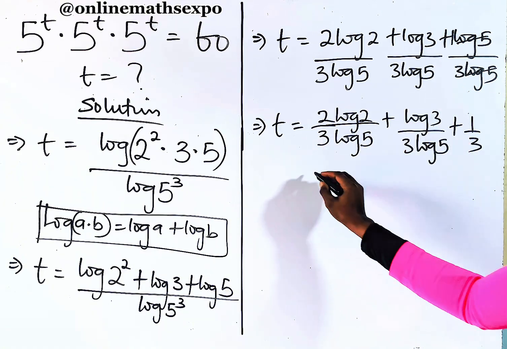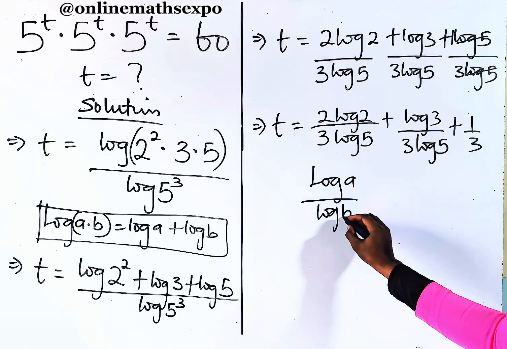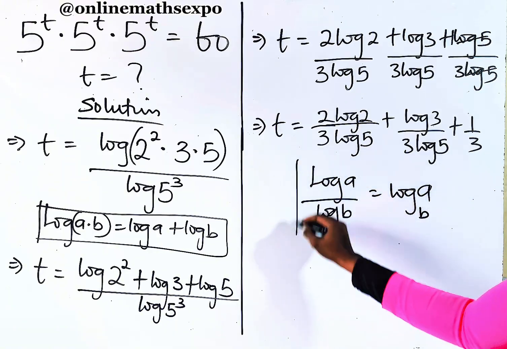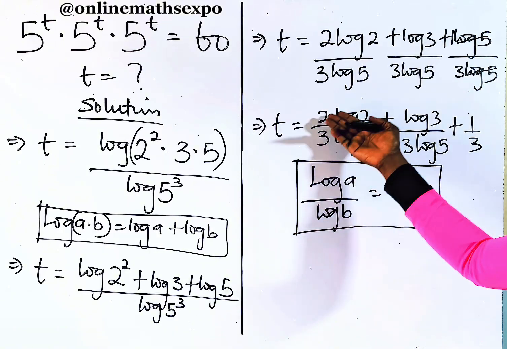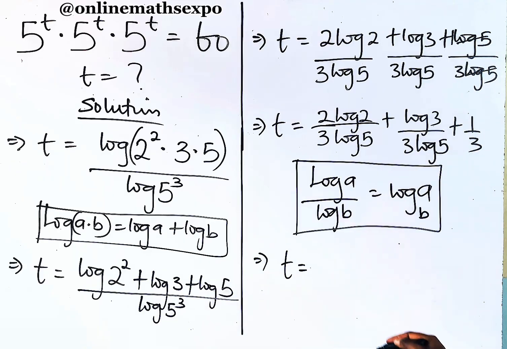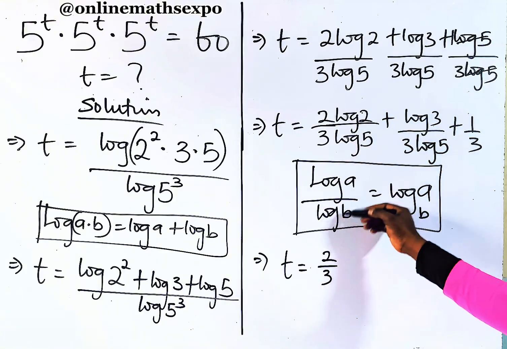Now, at this point, quickly remember for every log of A divided by log of B, it's always log of A base B, your change of base rule. So if you apply this rule in simplifying this, we have T is equal to, now we're going to have 2 on 3. This and this is of this form.